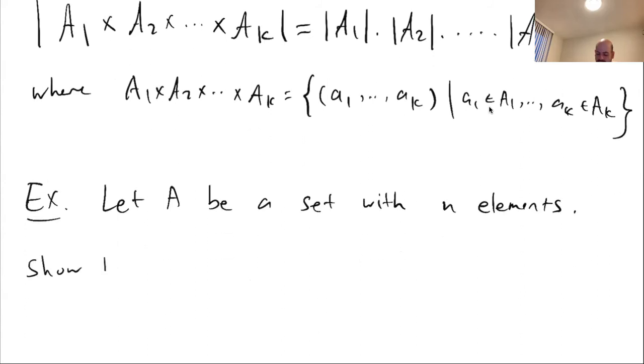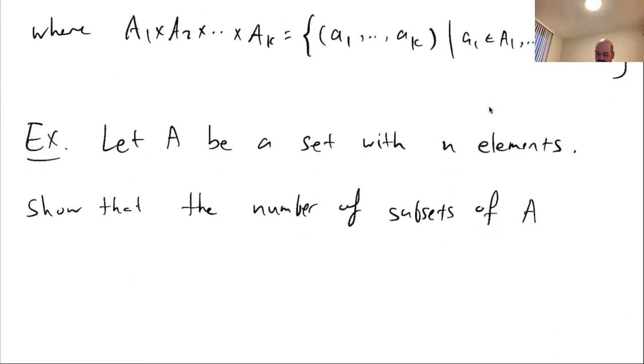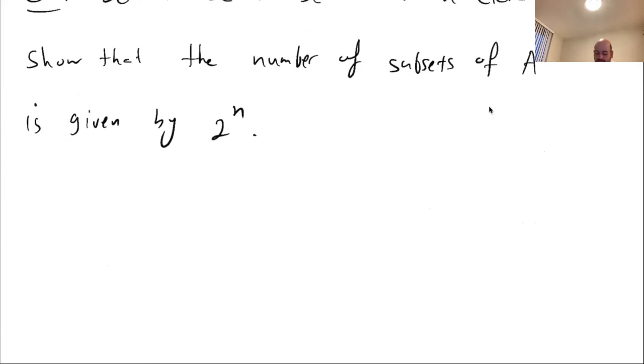Show that the number of subsets of A is given by 2 to power n. Number of subsets of a set with n elements is 2 to power n. Well, how can we prove this?